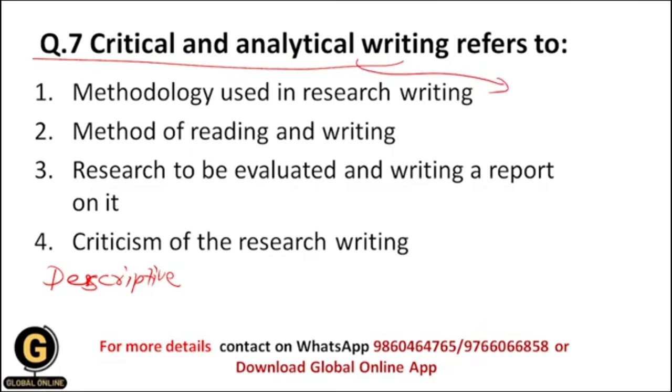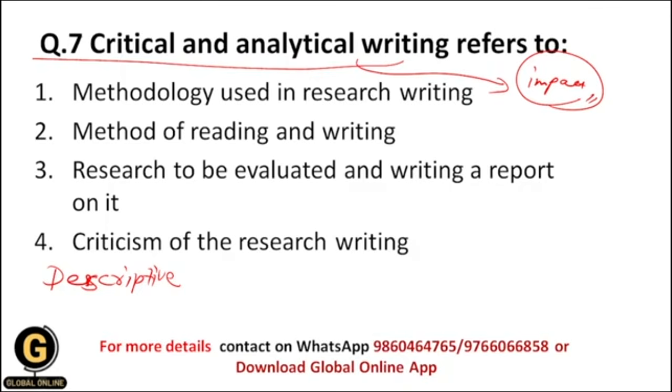Critical writing explains the impact or consequence of a given situation. So for example, there is a particular situation, and critical writing explains the impact or the consequence of that situation. Then it links the discussion back to the research aims, objectives and research question.